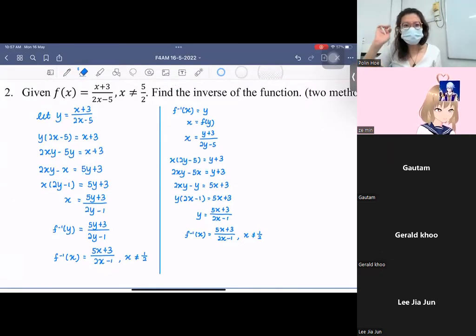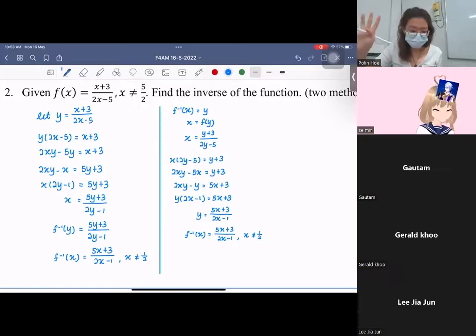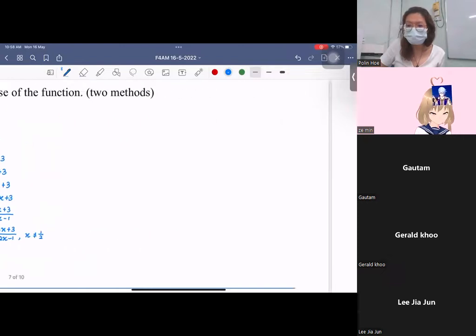Okay, and then question 3, I am not going to do with you, because the final answer, you should get x. If you cannot get x, then it means the inverse does not exist, which means the question is wrong.